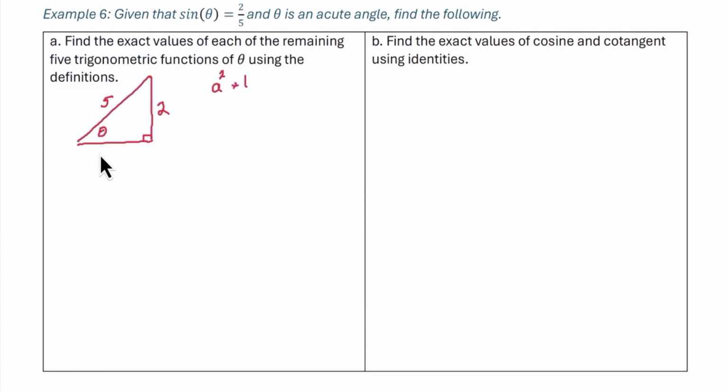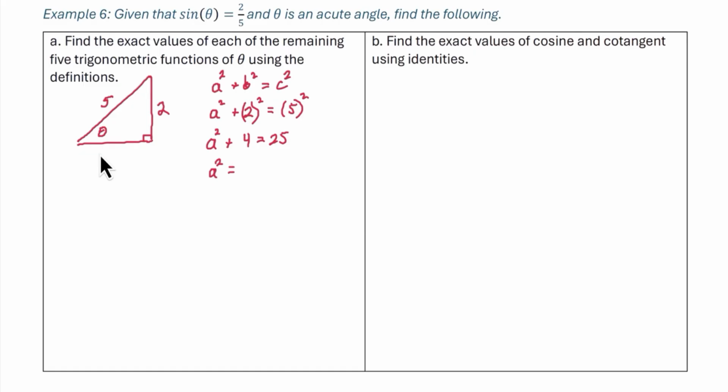A squared plus b squared equals c squared. So a squared plus b in this case is 2. We'll square that. And c is 5. A squared plus 4 equals 25.